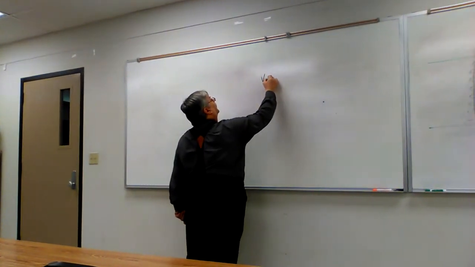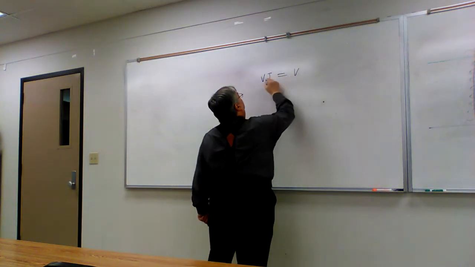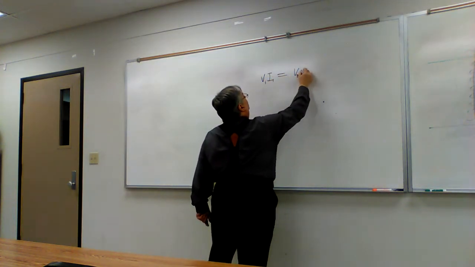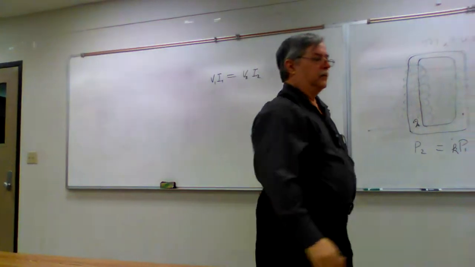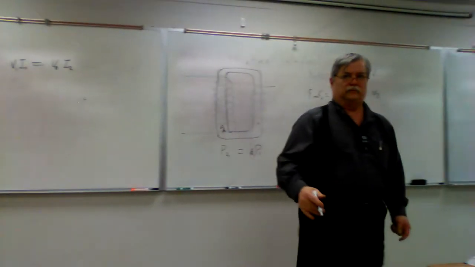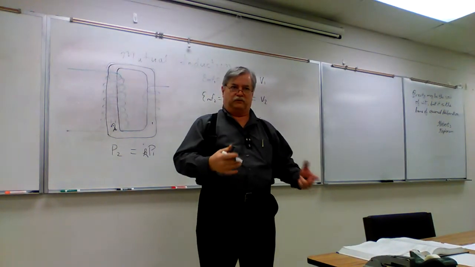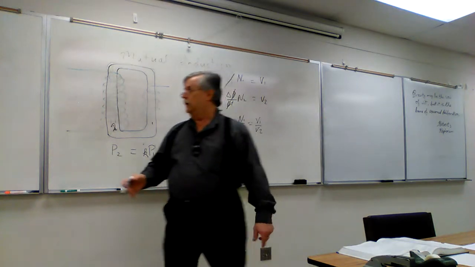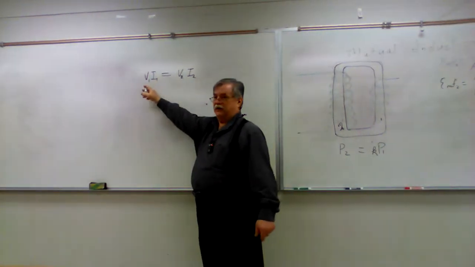So the voltage times the current in must equal the voltage times the current out. And like you said, if the voltage coming out goes up, then the current coming out has to go down so that the power remains constant.